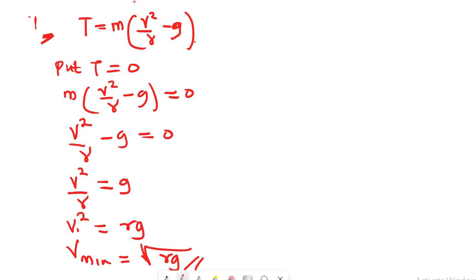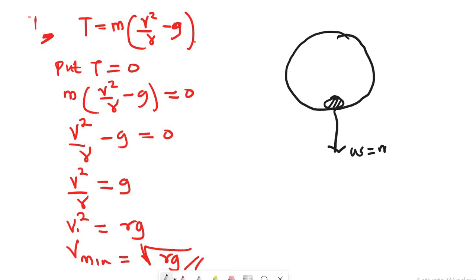Now, another case is when the stone is at the bottom, or when the particle is at the bottom. After whirling it, the particle is now at the bottom. Obviously, the weight is downward.